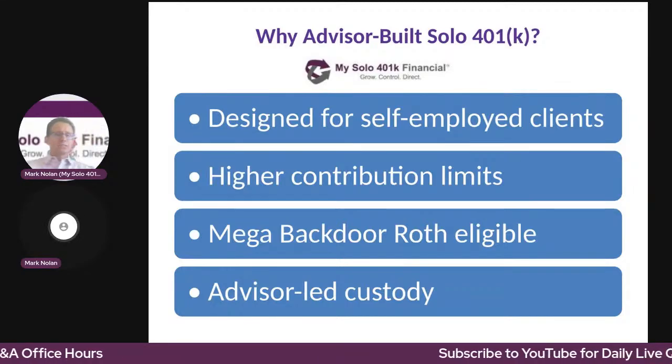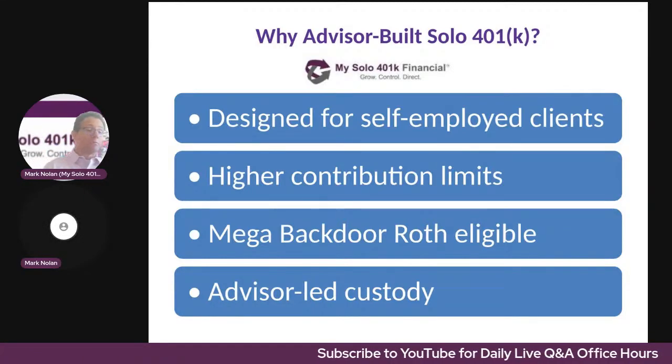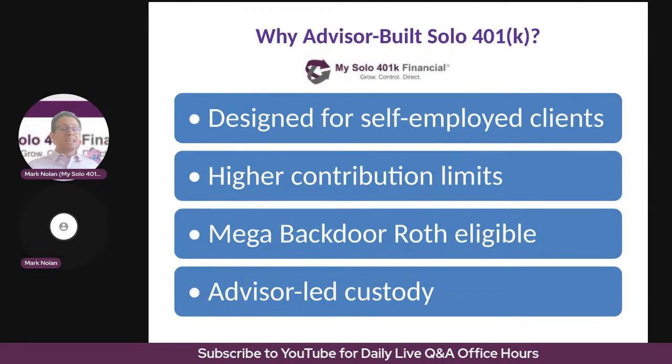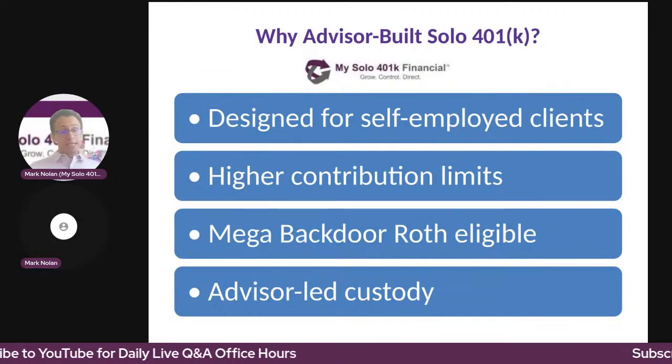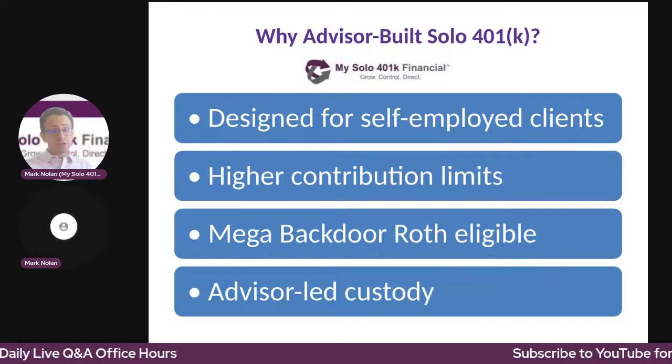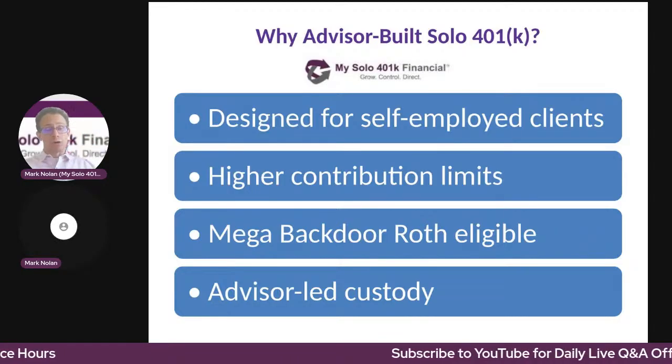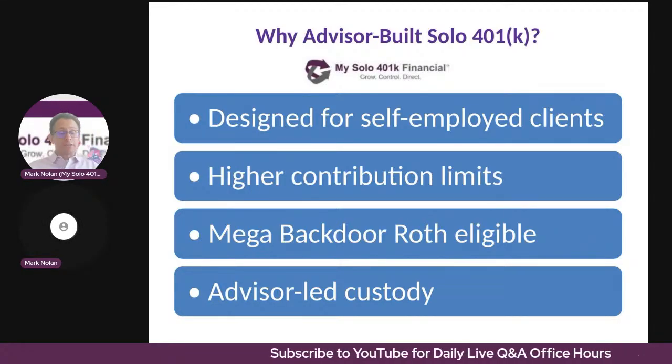So why would an advisor build a solo 401k? Well, a solo 401k is designed for the self-employed, owner-only businesses that do not employ any non-owner, full-time W-2 employees who work 1,000 hours or more, and any business under the control of that solopreneur.